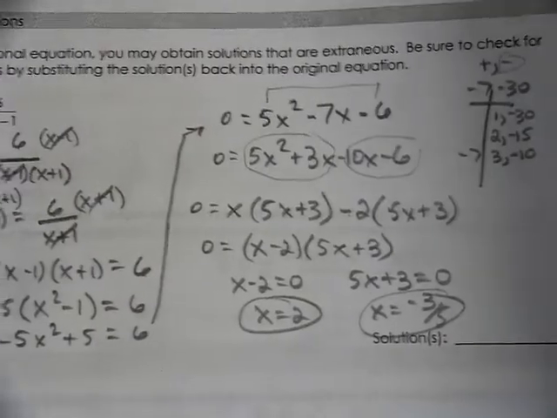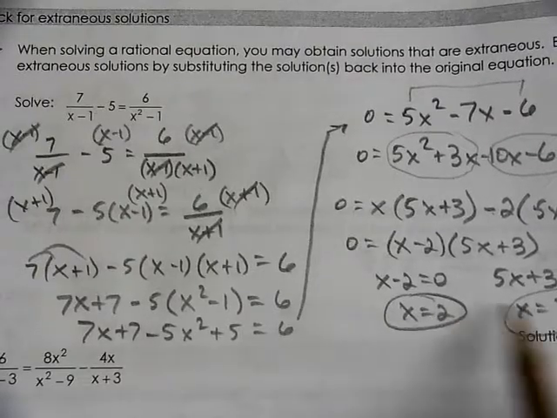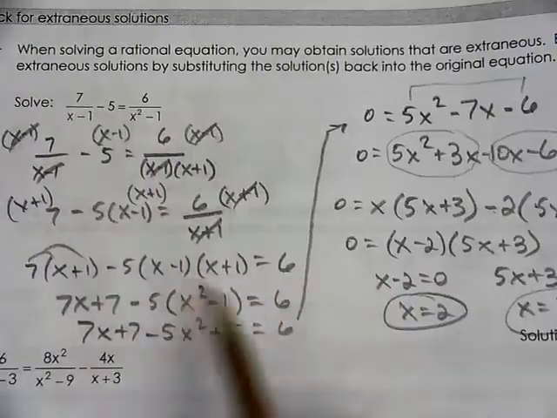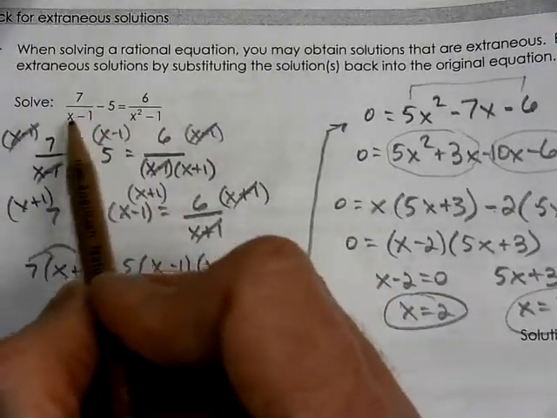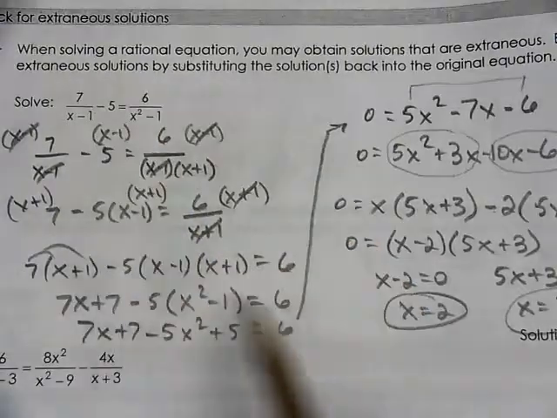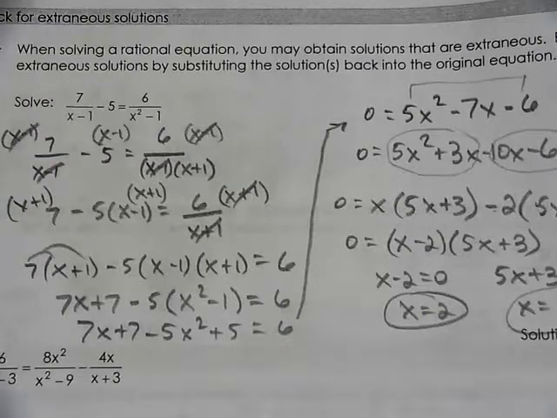When you plug in, what you're really looking for with extraneous solutions is, does one of those answers give you a 0 in the denominator? What I'd be concerned about is x is 1. That would give me a 0 in the denominator. And on this side, also 1 would give me 0. I didn't get those answers, so neither of my answers are extraneous.